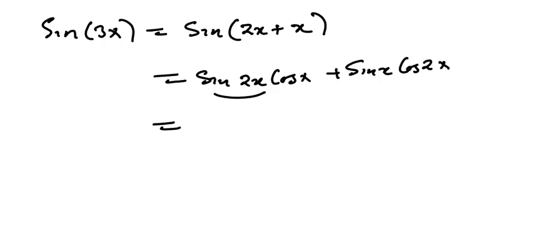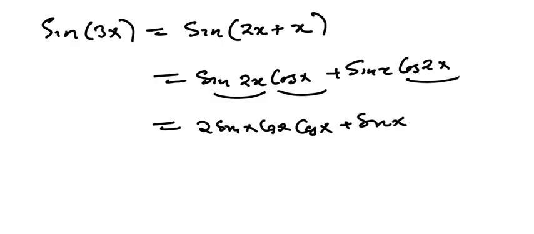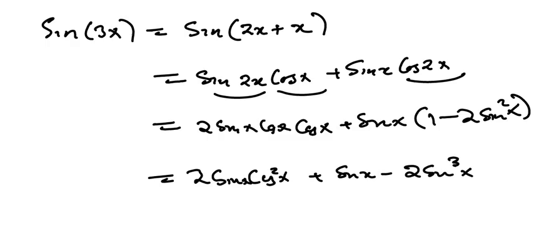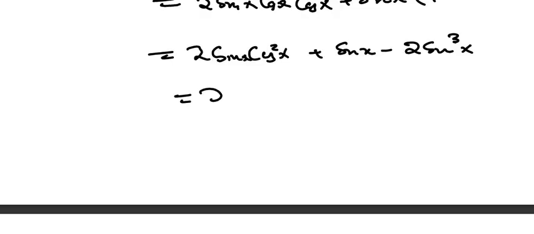This part is 2 sine x cos x according to the rules. This cos 2x is the same as 1 minus 2 sine squared x. So we have 2 sine x cos squared x, plus sine x minus 2 sine cubed x. Then cos squared is the same as 1 minus sine squared.